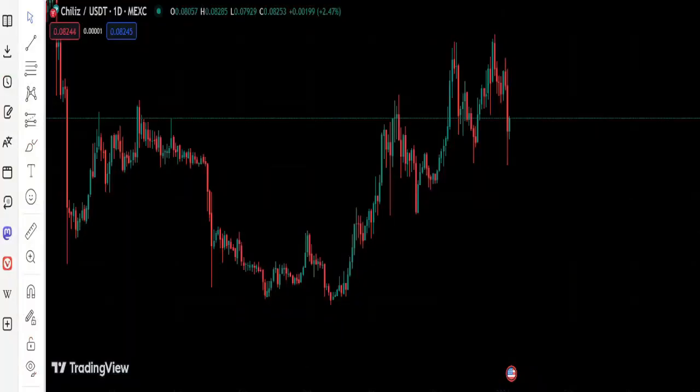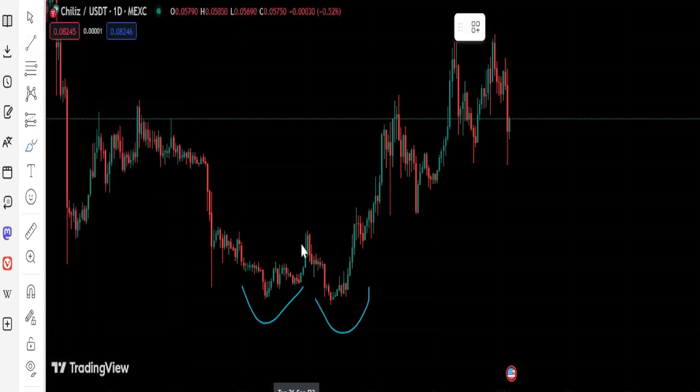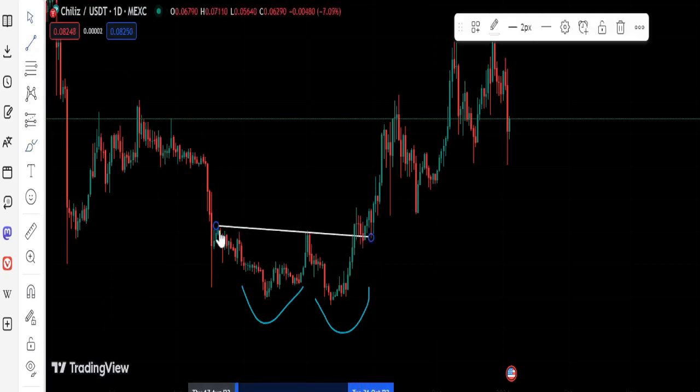So here is an example of a double bottom pattern. If we consider once again this as our bottom, then this is our double bottom, right? And this pattern is only completed when there is a break of this neckline here.